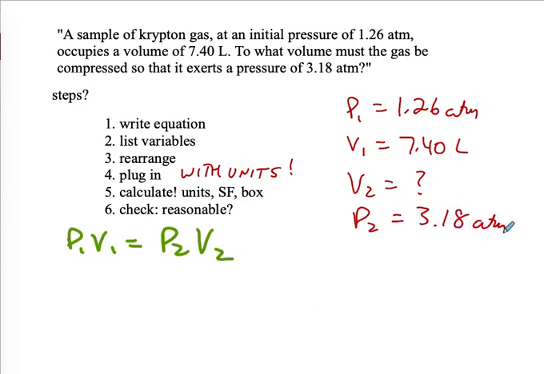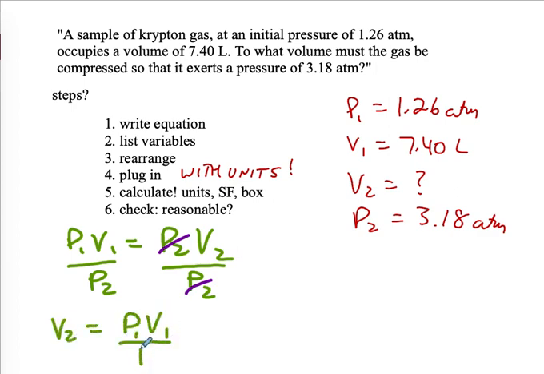Okay? So now I'm going to rearrange algebraically to isolate the variable I'm trying to solve for, which is V2. To get V2 by itself, we'll divide both sides by P2. P2 cancels, and I have my rearranged equation, which is V2 equals P1 V1 over P2.